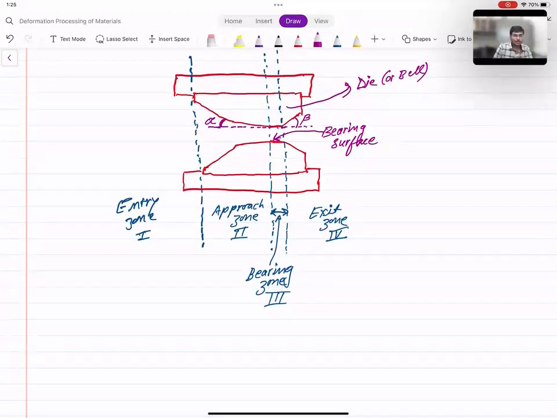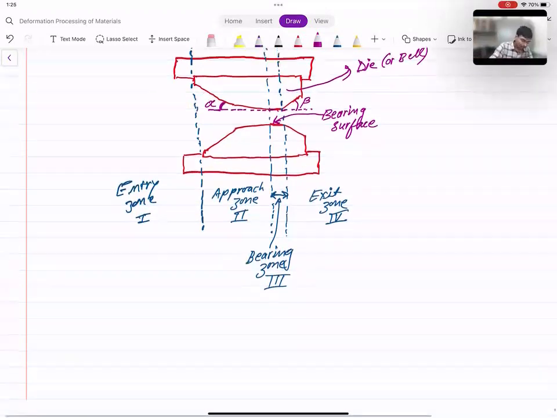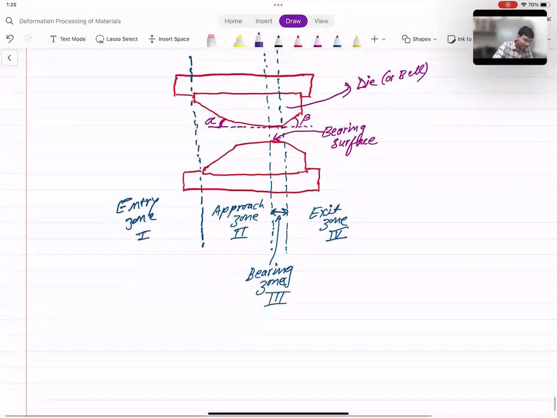So this provides a buffer type of region to make the proper exit of the formed wire. Okay, so let me write these things also.